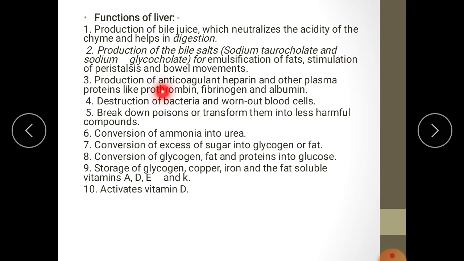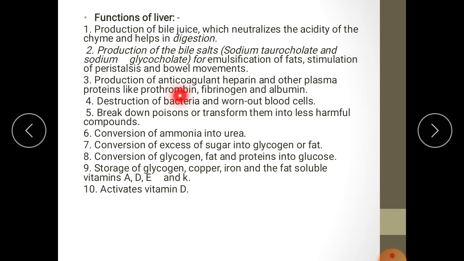Production of anticoagulant heparin and other plasma proteins like prothrombin, fibrinogen and albumin. All these are produced by the liver. Very important. Anticoagulant is necessary for removing blood coagulants inside the blood vessels. That is the heparin. And other plasma proteins like prothrombin.